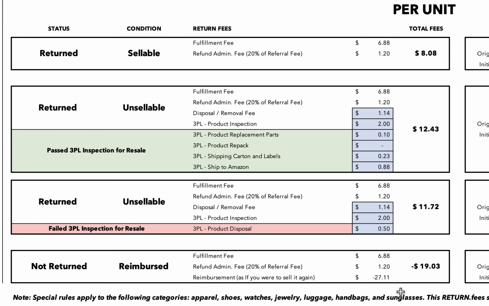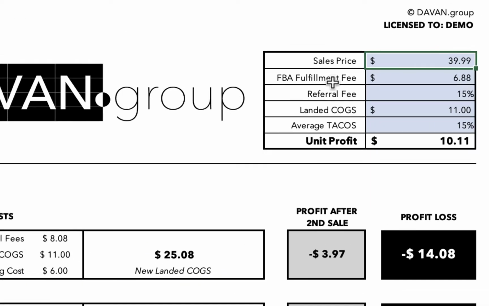What's actually happening is they're not refunding you the full sale. So if the customer paid $39.99, says, nah, I don't want it, he gets his $39.99 back, has time to return it. Customer doesn't return it. So Amazon is going to say, hey, you didn't return it, and they charge them $39.99.